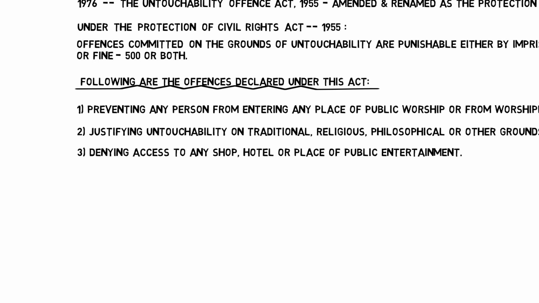And therefore, when fundamental rights of a person are violated, such a person will be punished under the Protection of Civil Rights Act 1955. That means nobody can deny access to anybody when it comes to shops, hotels, or places of public entertainment, and especially people who belong to ST, SC, or OBC or scheduled castes by nature.